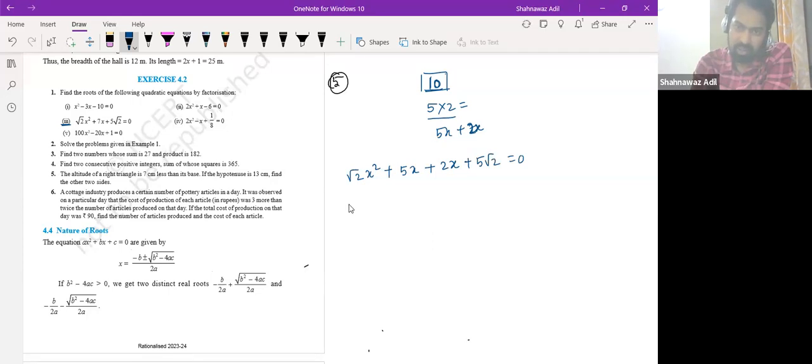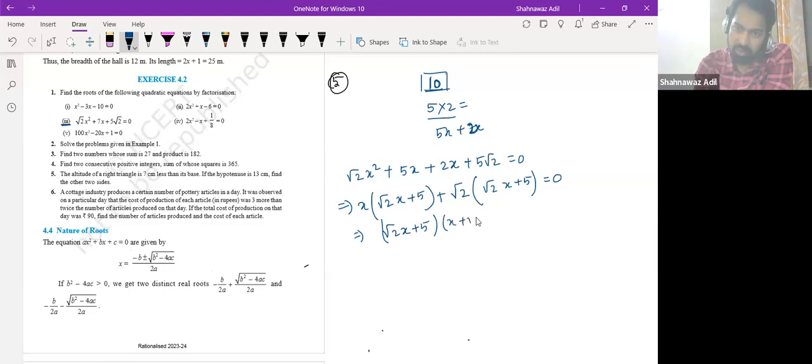Then only x is common in the first place, so root 2x plus 5, and then root 2 and 2. So you can take root 2 common. So root 2x plus 5. This is 0, so you have root 2x plus 5 and x plus root 2.